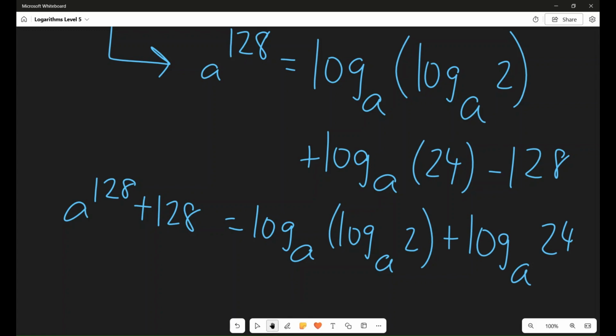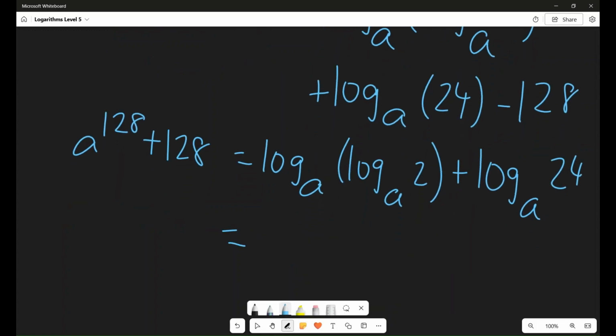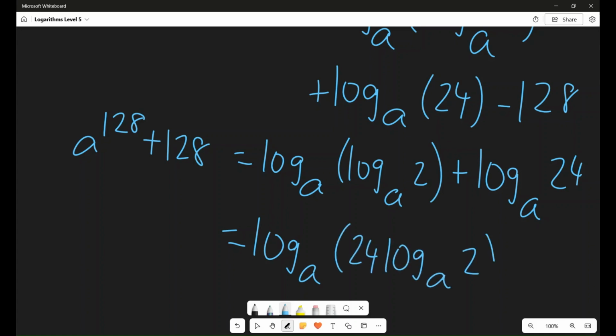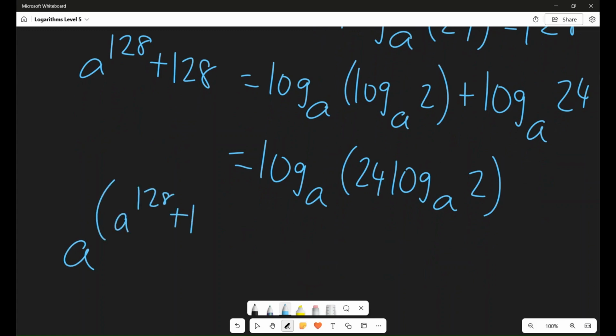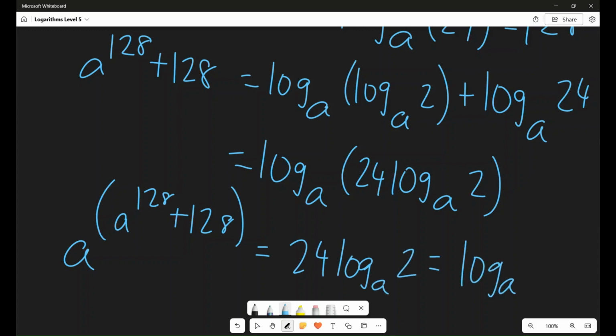And we see here that we can convert these logs actually into log base a of 24 log base a of 2. Now we get a to the power of 128 plus 128 is equal to 24 log base a of 2, and that is equal to log base a of 2 to the 24.